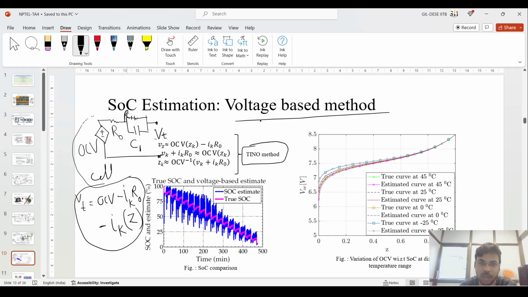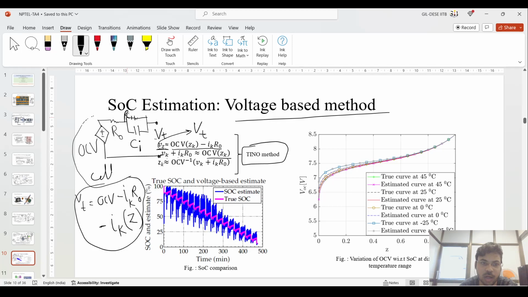So if you see, this is one of the basic methods for calculating SOC based on voltage. V at a particular SOC state z is equal to OCV(z_k) minus I_k R0. That is the same value which I have written for the terminal voltage.